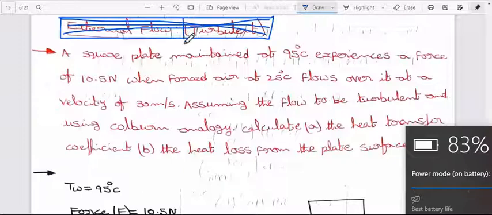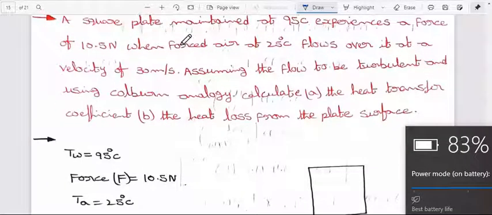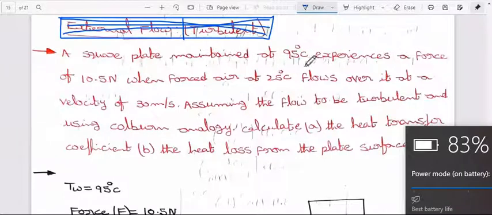How can you identify whether the question is laminar or turbulent? Now we need to check. Here a square plate maintained at 95 degrees experiences a force. Here the F value is given: force applied on the plate is 0.5 newtons.